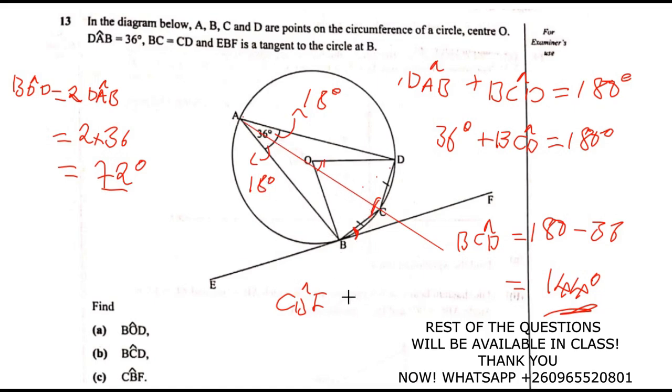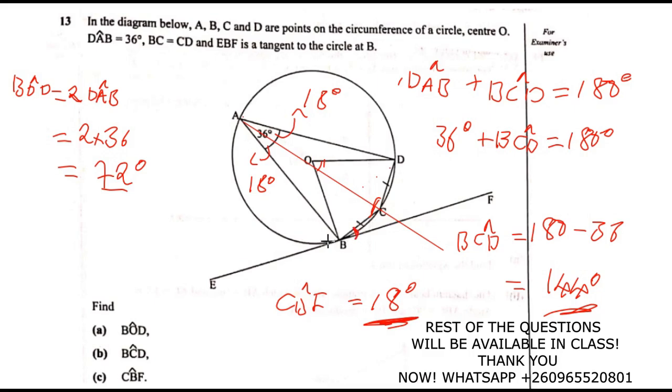So this angle right here is equal to the angle subtended by the same chord in the opposite segment, which is 18 degrees. So CBF is equal to 18 degrees. This is the angle for CBF, because it is equal to the angle subtended in the alternate segment by the chord BC.